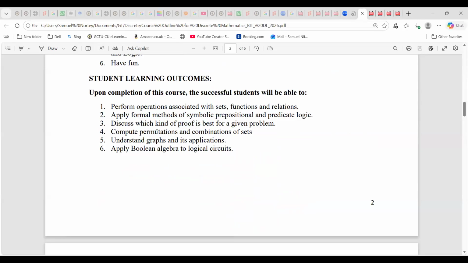When do we use combination and permutation? Solve problems in graph theory and understand them, and apply the rules of Boolean algebra.